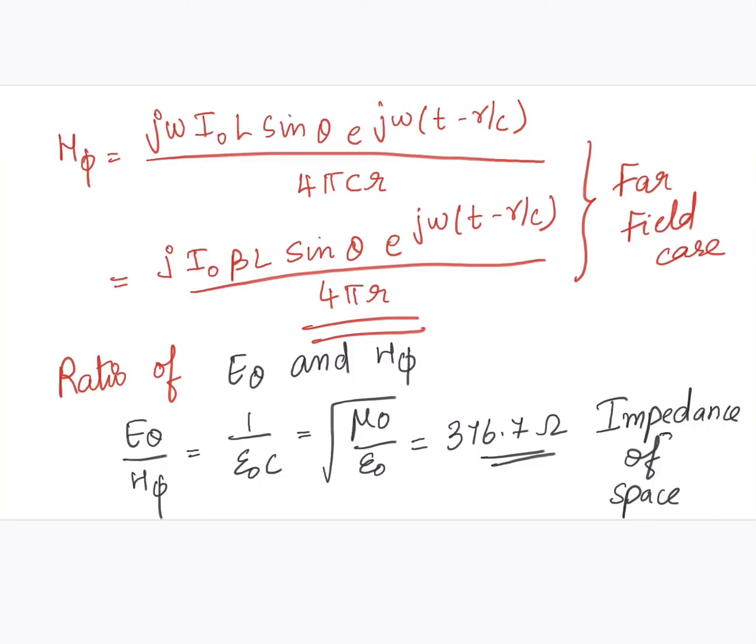So this is how you find the electric and magnetic field far field components, and from the far field components the intrinsic impedance of free space can be found by taking the ratio of electric and magnetic field, that is Eθ by Hφ will be obtained as √(μ0/ε0), which is equal to the intrinsic impedance of free space.